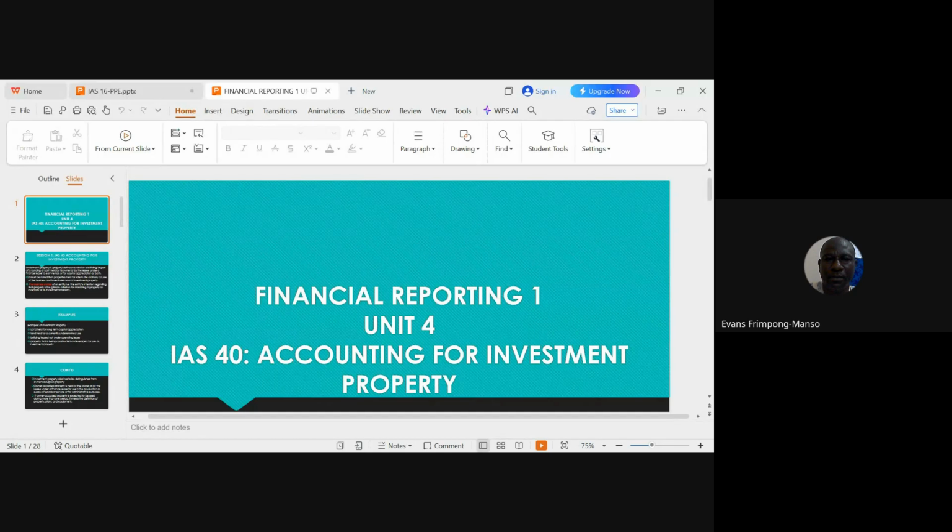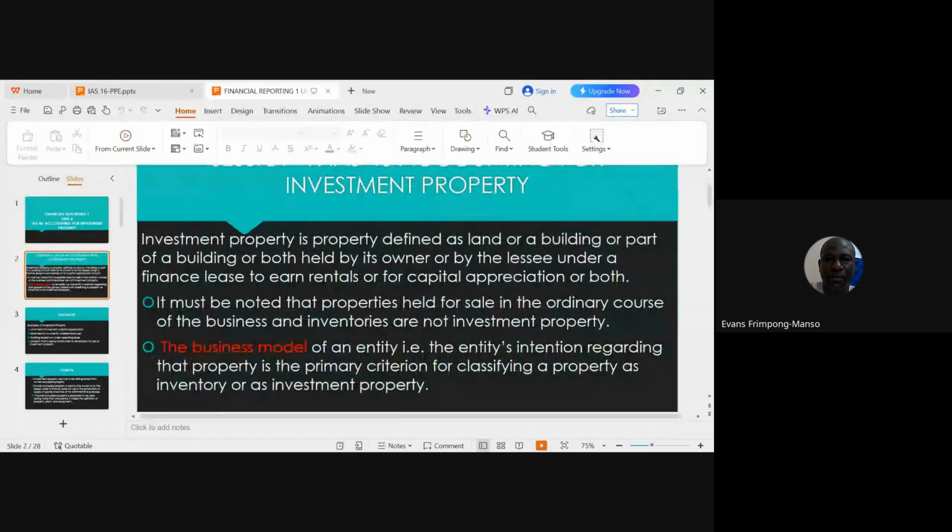So IAS 40 talks about investment property. So we know what is meant by investment property. Now, this is the definition for investment property.